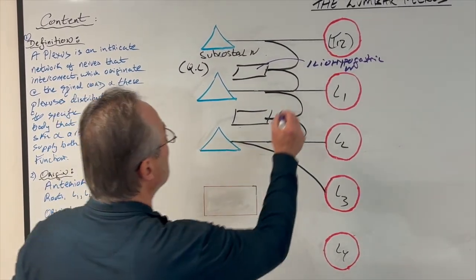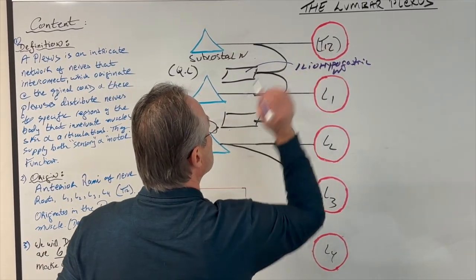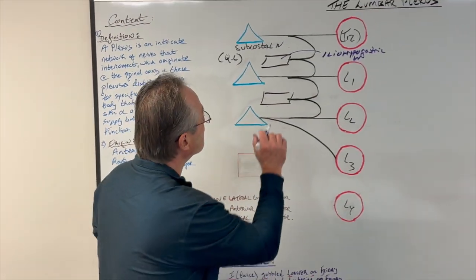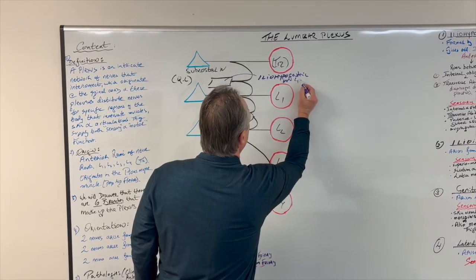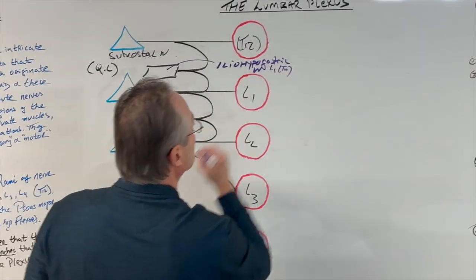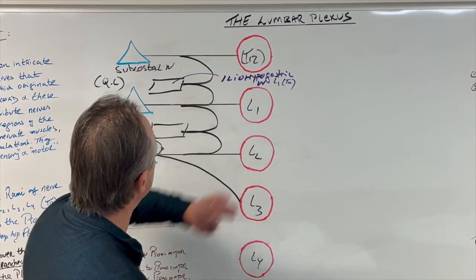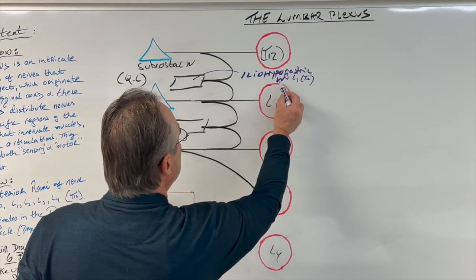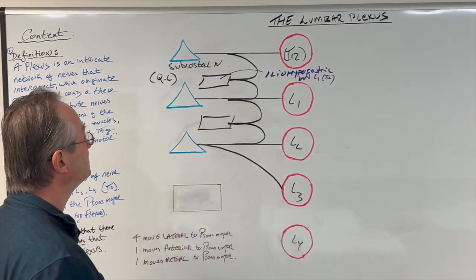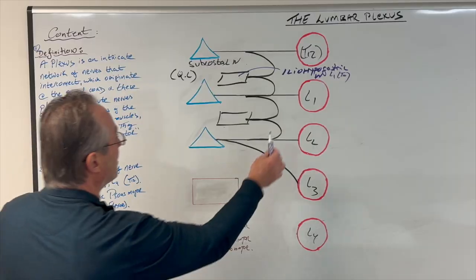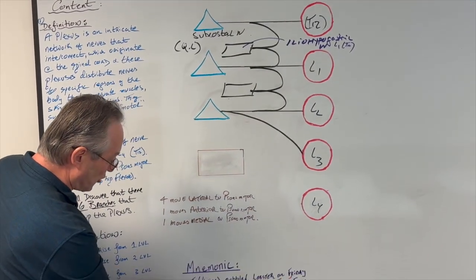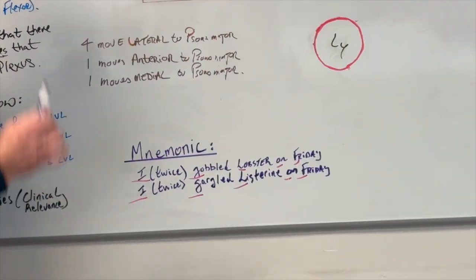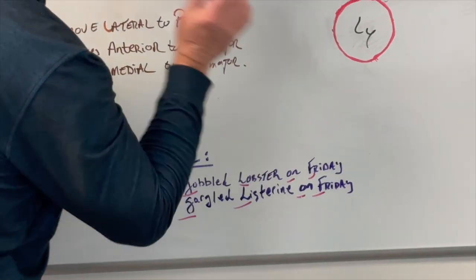Iliohypogastric nerve. And it has a contributing branch from T12, but L1 is the predominant one. So we're going to go iliohypogastric nerve, L1, T12. Okay. What's the next one? So that's the first eye in twice. Remember the mnemonic, eye twice, gobbled lobster on Friday.